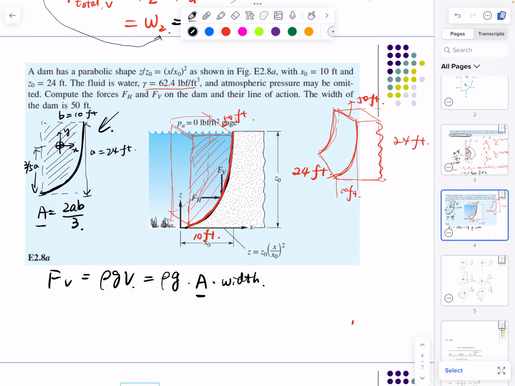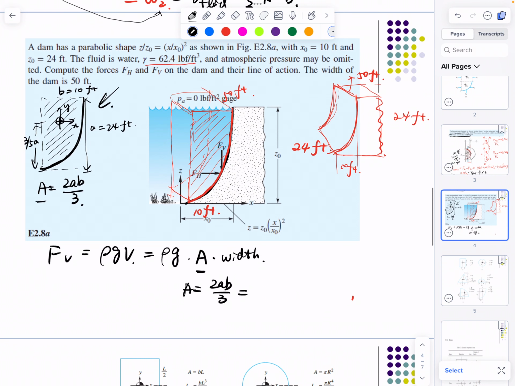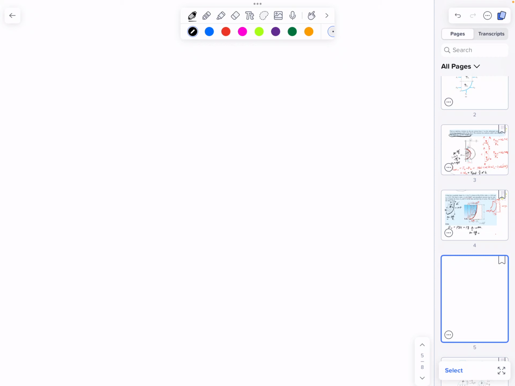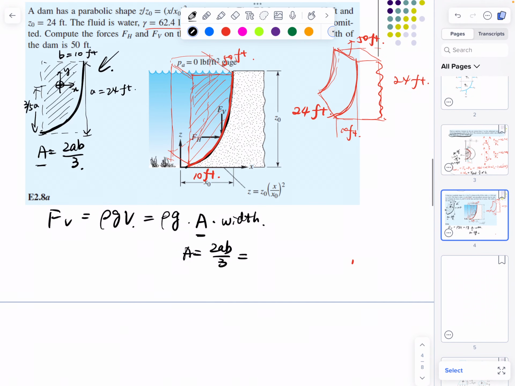So A equals 2ab/3, which equals 2 multiplied by 10 multiplied by 24 divided by 3, right? 3 times 8, so it equals 160 square feet, right?